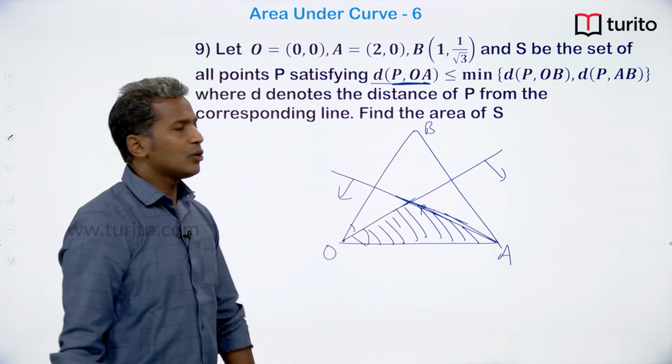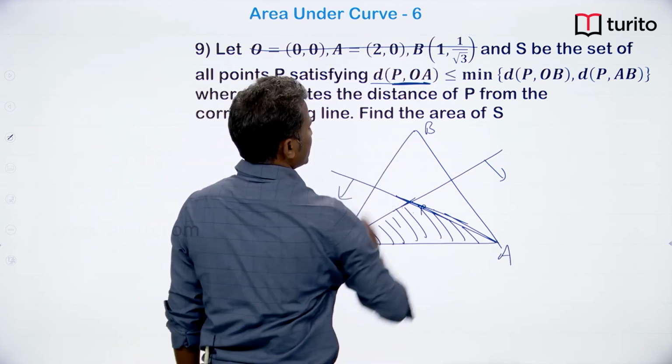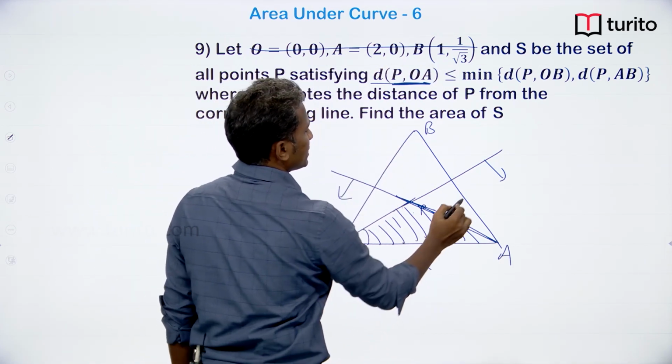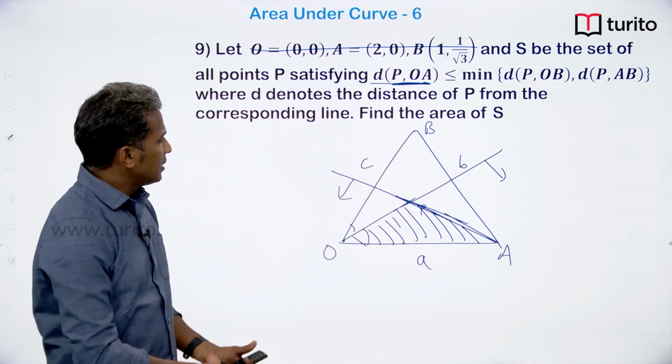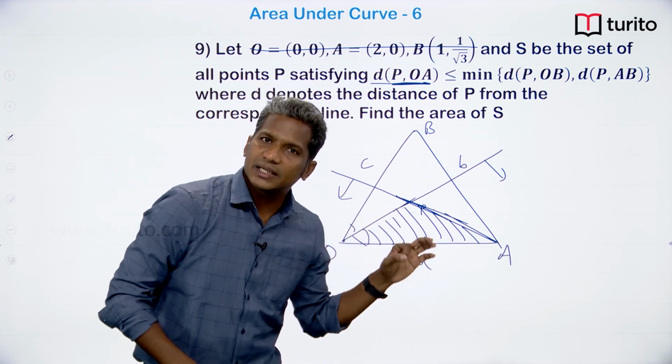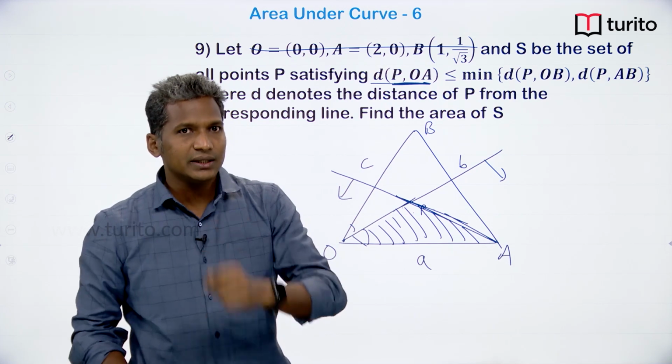Now how do we find the area? Let us not take these coordinates, let's take these distances as a, b, c, the side lengths. And this is the point where the angle bisectors are intersecting, which means that point is the incenter.